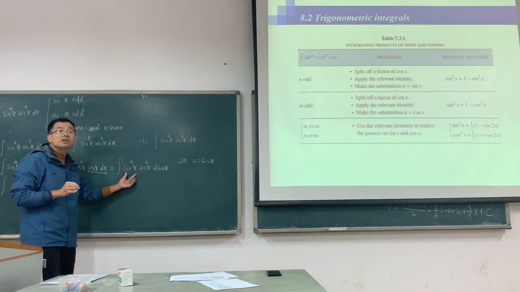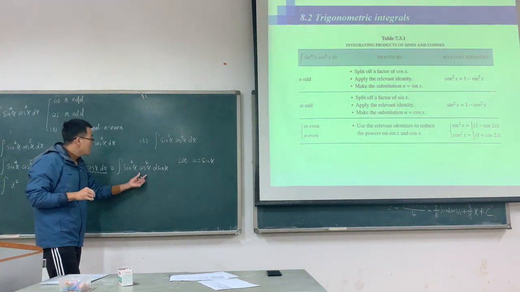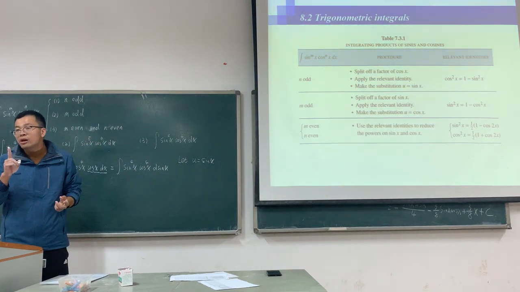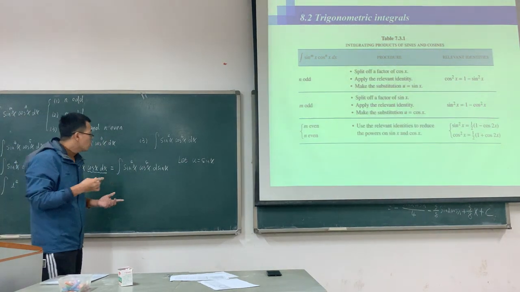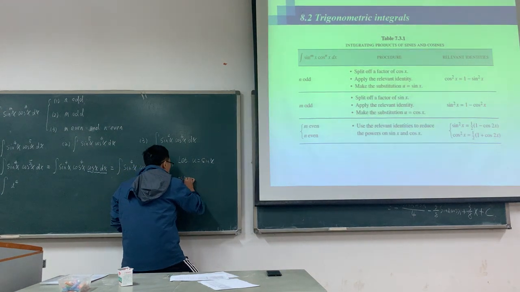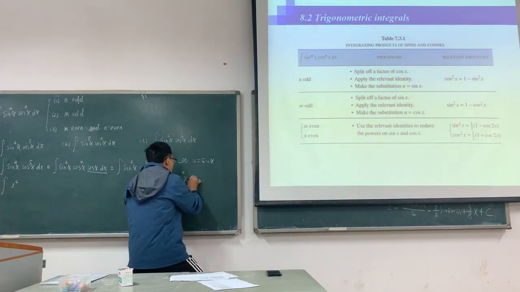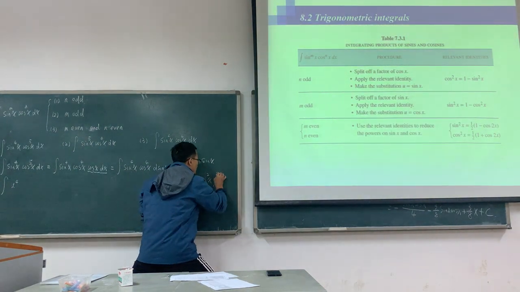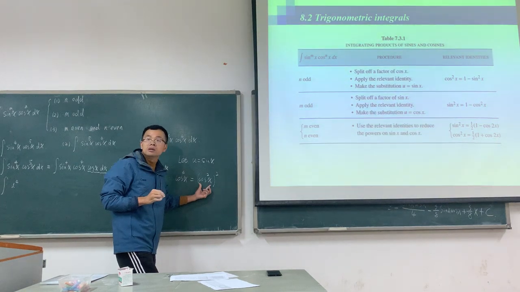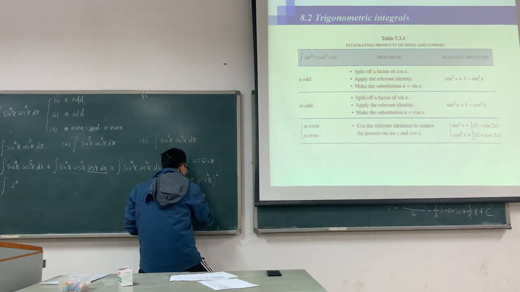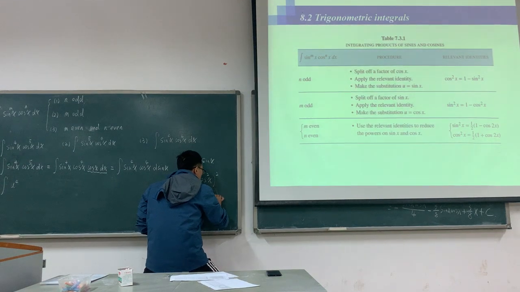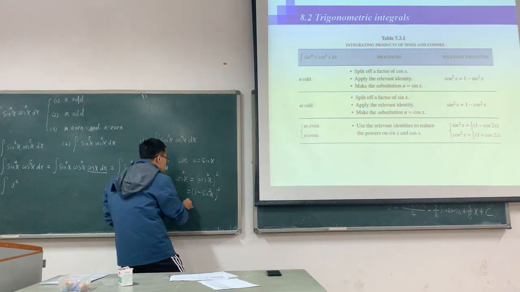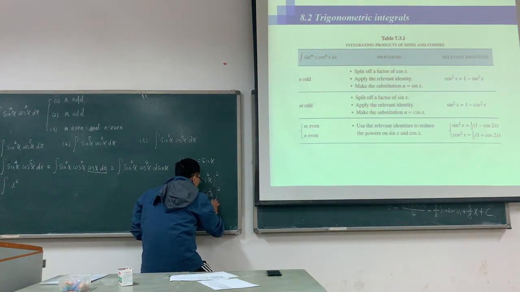And cosine x to the 4th power equals cosine square squared. Cosine square is 1 minus sin square, and since sin is u, this part is 1 minus u square.